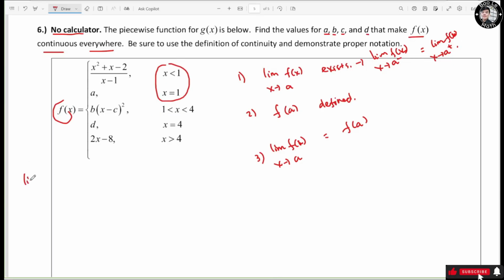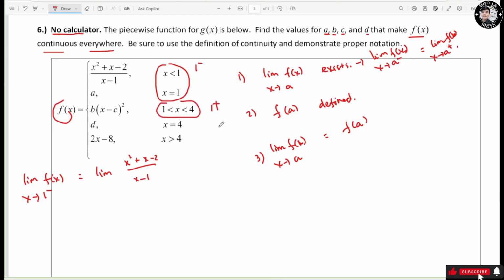So we have the limit of the function f of s when s approaches 1 minus equals the limit of s squared plus s minus 2 over s minus 1, right? This is 1 minus right here, and this one is 1 plus.